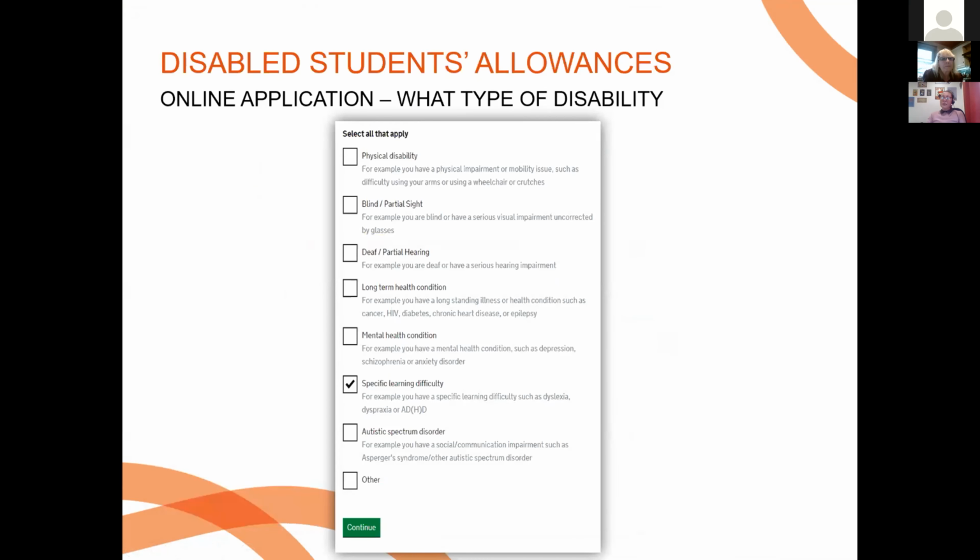So then you need to tick the box that most closely matches your disability. So for example, if you've got dyslexia, then it would be specific learning difficulties. So the one that most closely matches. If you don't feel that your disability matches any of those, then you can tick other, and you can tick more than one box if you've got multiple disabilities that you can evidence.